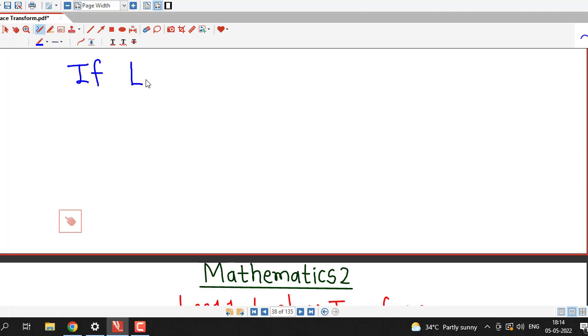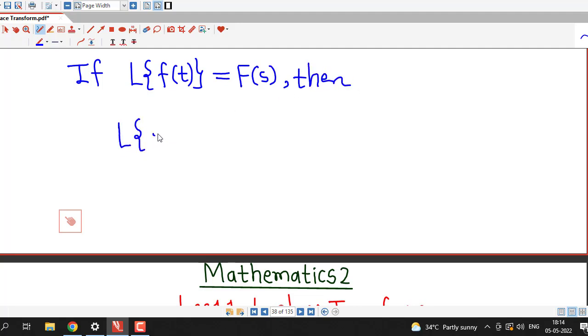Suppose the Laplace transform of some function of t, say f of t, is equal to capital F of s. Then we know that if our function is multiplied by the exponential function, e raised to at times f of t, the Laplace transform of e raised to at times f of t is obtained by replacing s by s minus a in this function F of s.